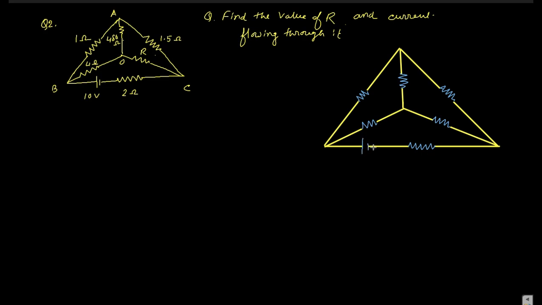So this is A, this is B, this is C. What should we do? This is 1, this is 480, this is 1.5, this is R, you should find this value, this is 4, this is 10 volt, and this is 2 ohm. Okay, so what should we do?